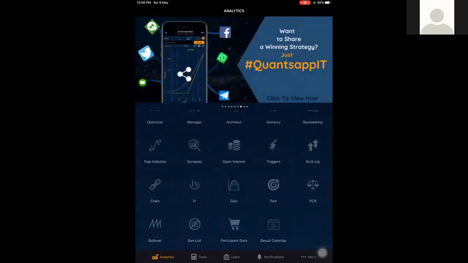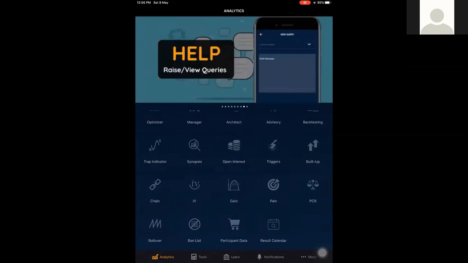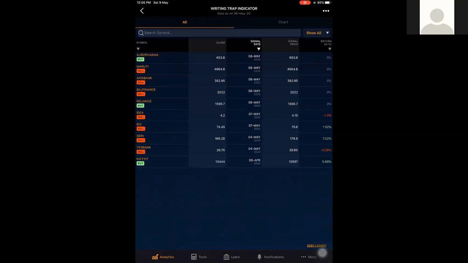Now there is one advanced indicator which has been introduced in the recent releases, called the trap indicator. The trap indicator is a pro feature. The basic premise of the trap indicator is that it takes into account the important variables of derivatives, like open interest, implied volatility and forecasted volatility.